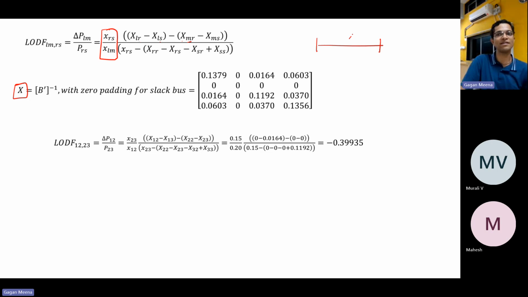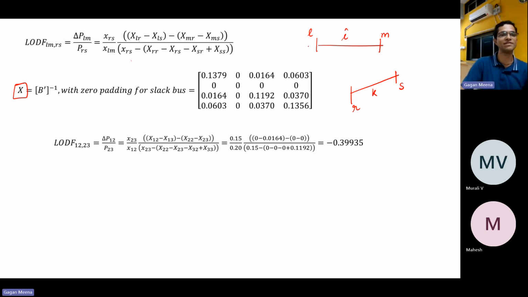It is connected between these two buses L and M, and the outage is happening of this line between buses R and S. This is divided by small x RS, the impedance of the line which is under outage, minus XRR minus XRS minus XSR plus XSS.